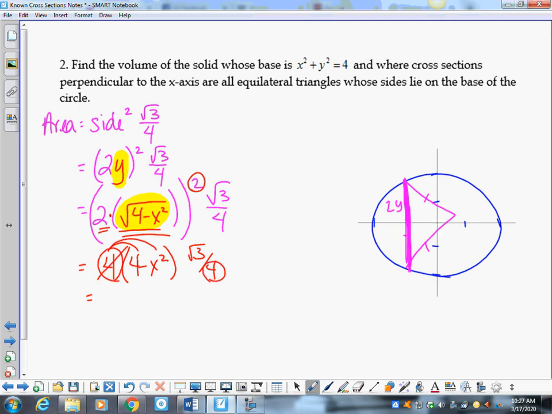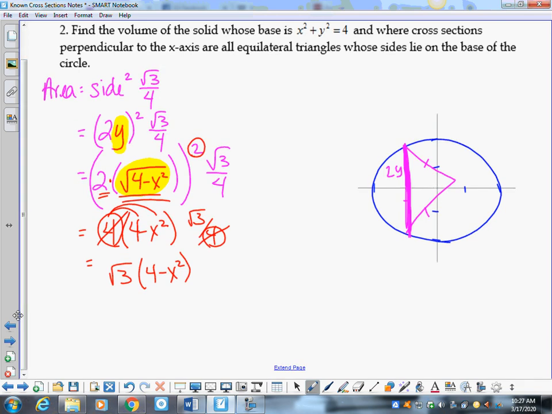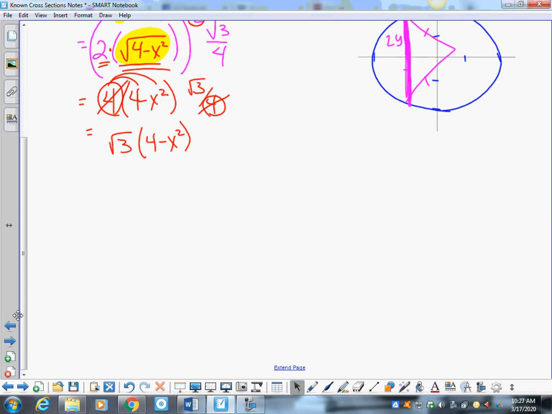I'm going to go that way. So root 3 times 4 minus x squared. And I'm not going to distribute my root 3. I do not want to integrate with a root 3, and he's kind of very nicely sitting out front.